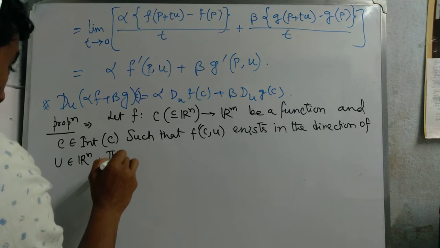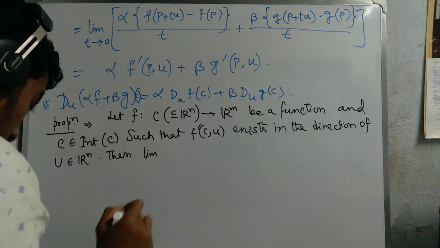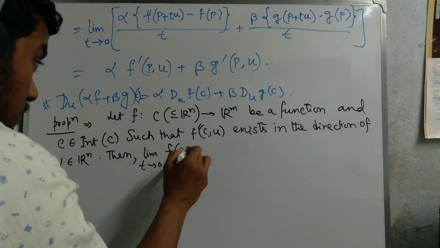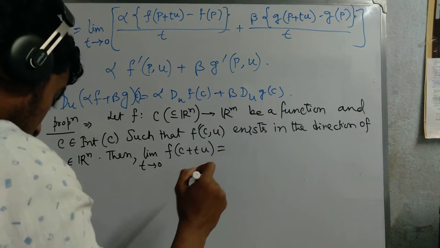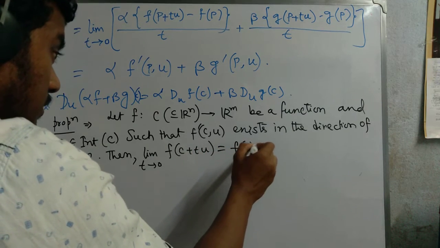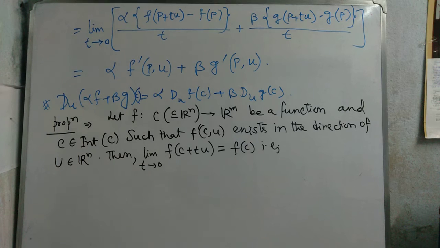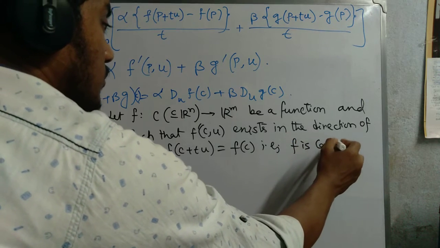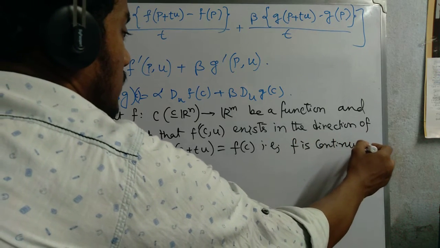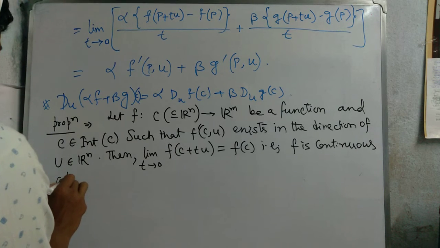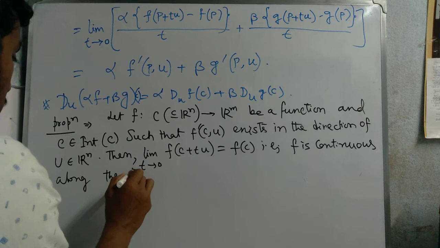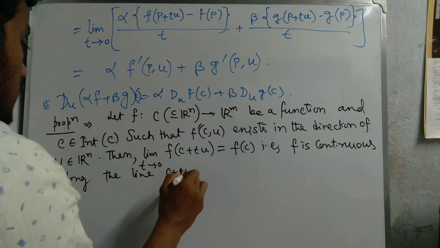Then limit t tending to 0 of f(c plus tu) equals f(c), that is, f is continuous along the line c plus tu.